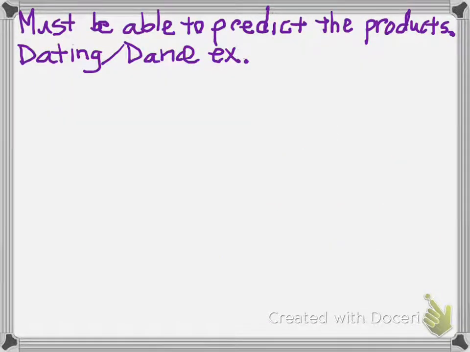For double replacement reactions, you must be able to predict the products. And we're going to talk about our dance example. So we'll place it at a dance, and think of some people that we have in class.